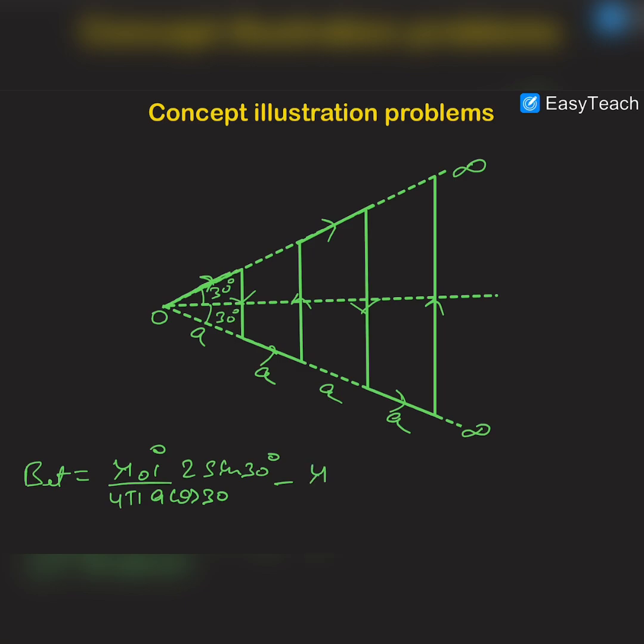So it would be mu naught I into 2 sine 30 divided by 4 pi into 2A cos 30.